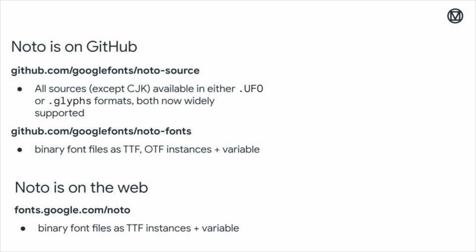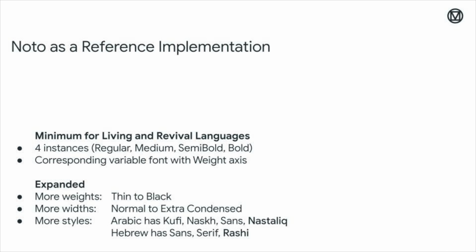At this point, all non-CJK Noto fonts are open source for both binary font files and sources, published on GitHub and licensed under the SIL Open Font License. The open Noto sources enable us to think of Noto as a reference implementation, an example of how a font developer might implement a script.